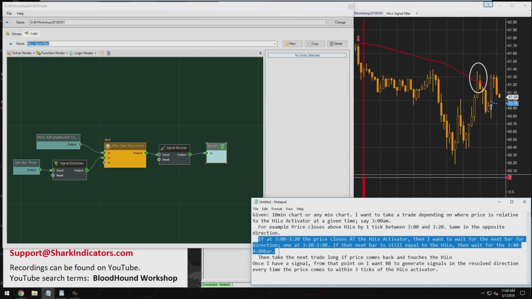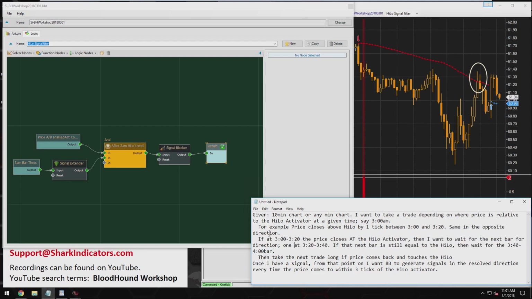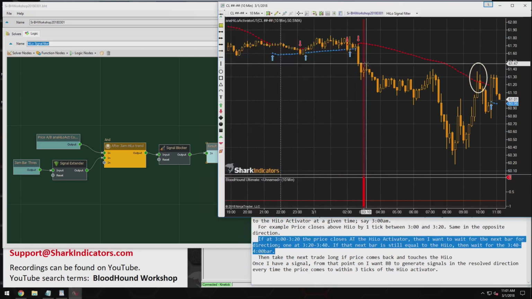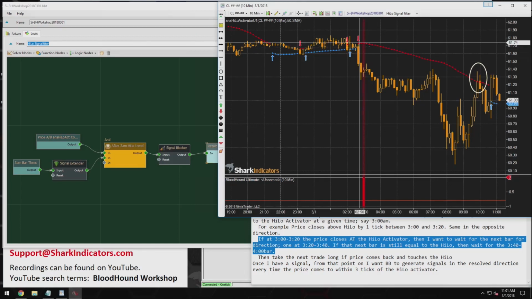Let me just double check it. Yeah. Okay. So it's just a pretty simple requirement. Basically, that requirement of waiting for price, so if for some reason at 3 a.m. price is resting on the high-low indicator, then we want to check the next bar to see if price had moved, and keep checking the next bar until price moves off the high-low indicator, and we then produce a trend direction.